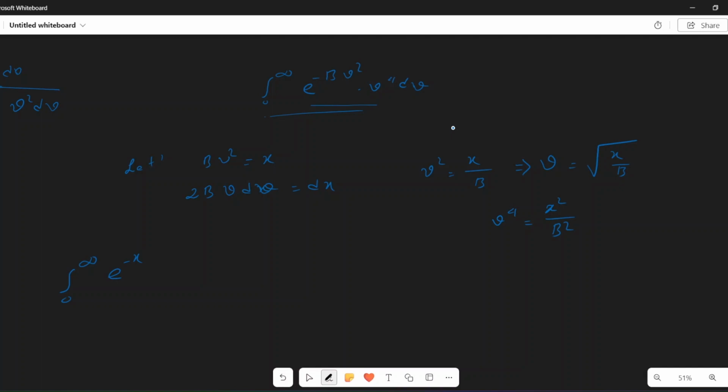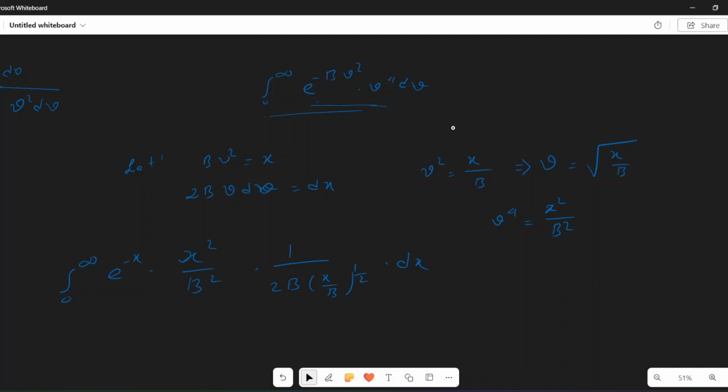For the b to the power 4 dv, we can write the equation x square b square into 1 by 2b, x by b to the power 1 by 2 dx. Okay, we have this till now.